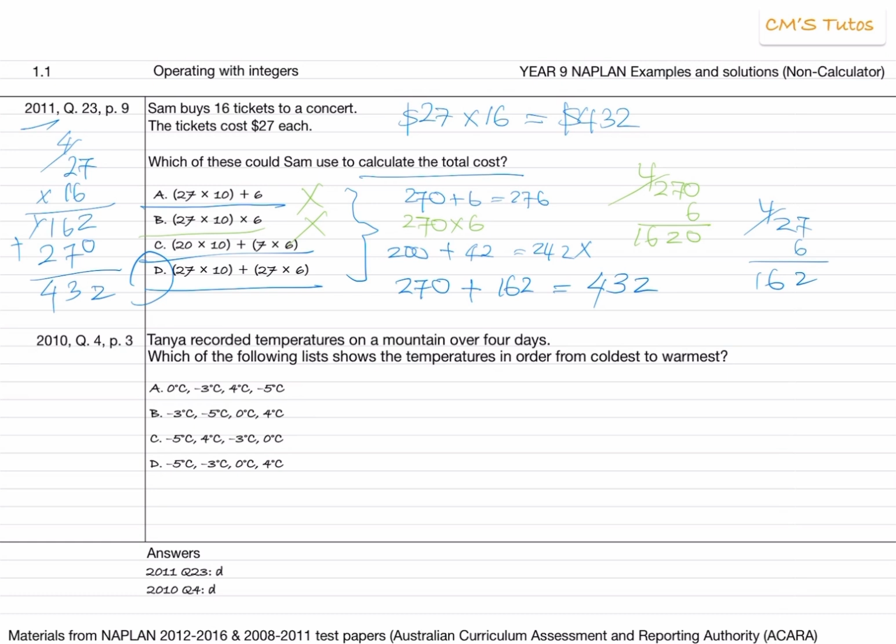Let's have a look at another question. 2010, question 4 on page 3. Tanya recorded temperatures on a mountain over 4 days. Which of the following lists shows the temperatures in order from coldest to warmest? So this is your knowledge about rearranging the integers.